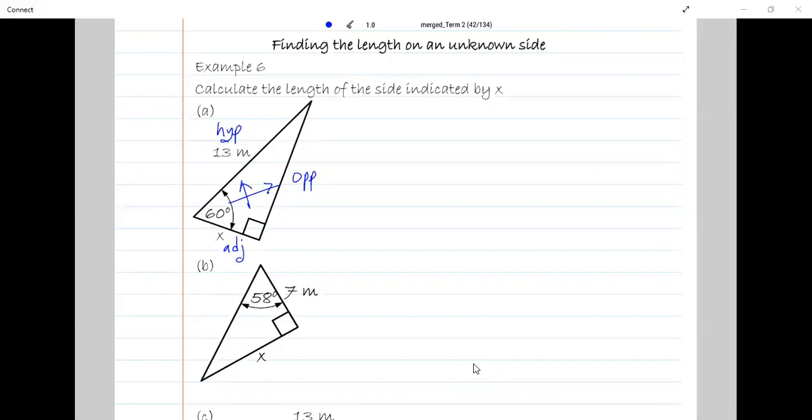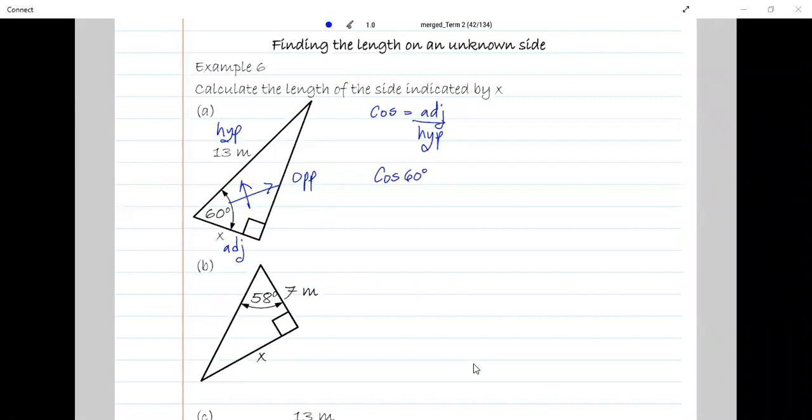Anybody? Cosine. So I'm going to write cosine is equal to adjacent over hypotenuse. Now, the reason I write that is because the more I write it, the more I'm likely to remember it. Then I'm going to say the cosine of the angle, which is 60 degrees.